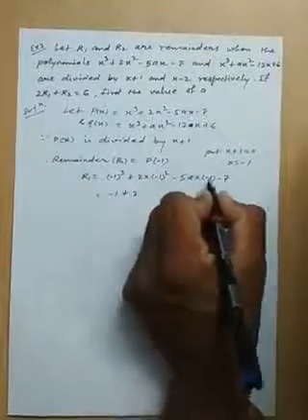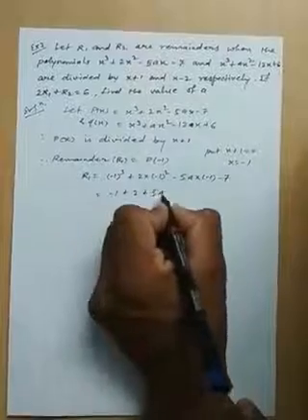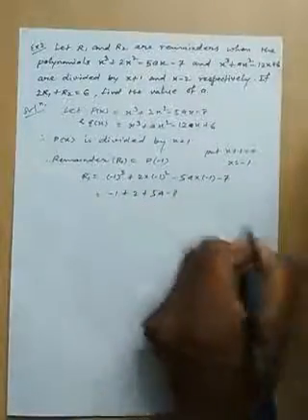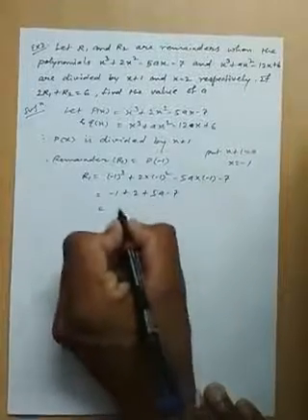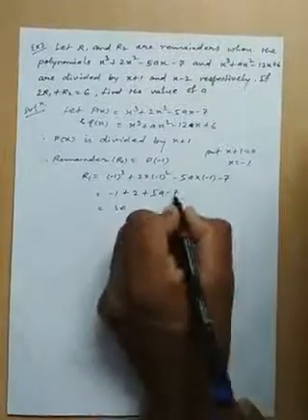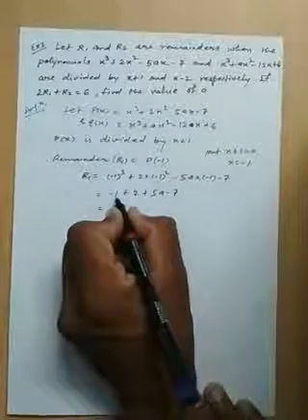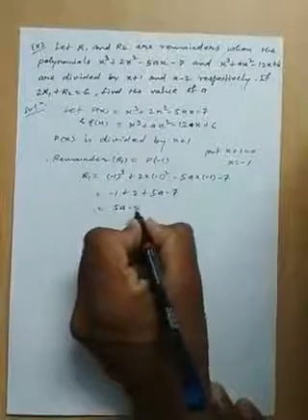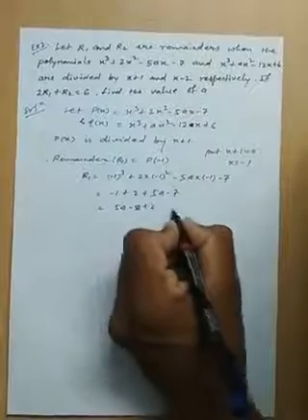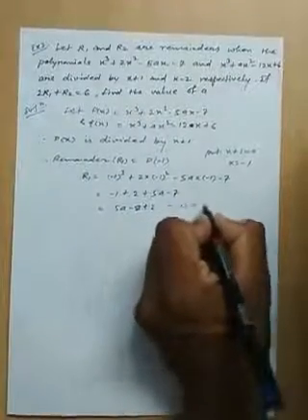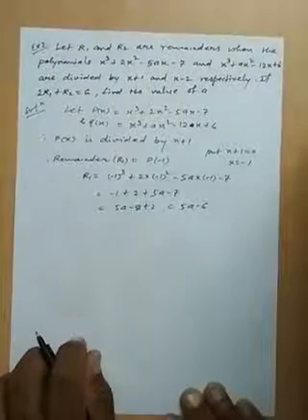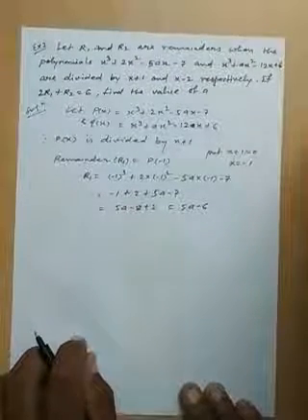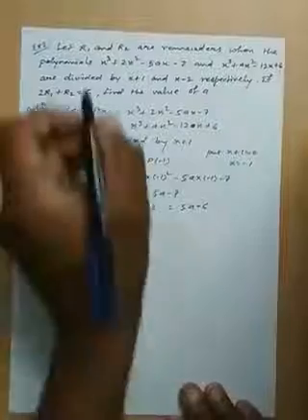Here minus minus is plus, so 5a and again minus 7. Next step, 5a, and here minus 7 and minus 1 are like terms. So minus 8 and plus 2, and 5a minus 6 is the remainder. Remainder for the first polynomial, which is R1.